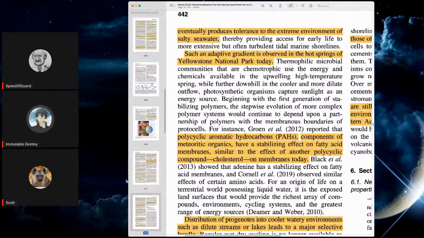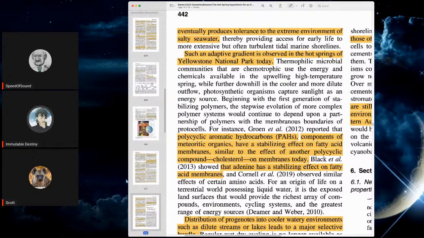For instance, Groen et al. 2012 reported that polycyclic aromatic hydrocarbons, PAHs, components of meteoric organics, have a stabilizing effect on fatty acid membranes similar to the effect of another polycyclic compound, cholesterol, on membranes today. Black et al. 2013 showed that adenine has a stabilizing effect on fatty acid membranes, and Cornell et al. 2019 observed similar effects of certain amino acids.